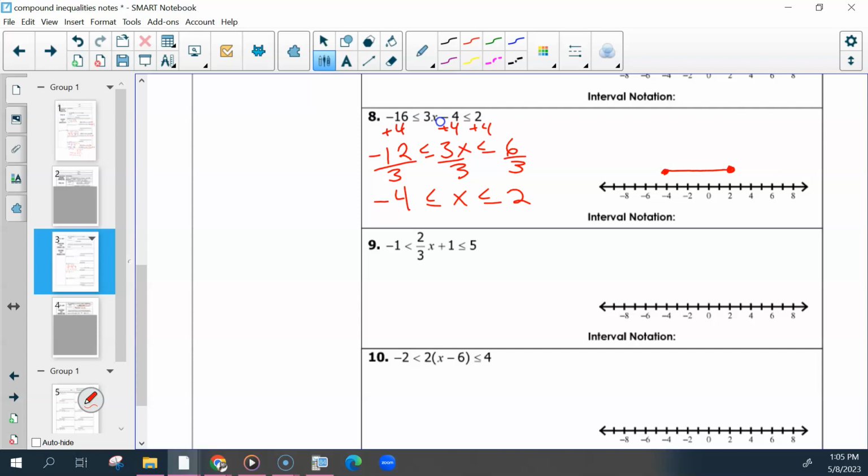There's a line in between them. Interval notation for that, they're both closed, so both brackets, starting at -4, ending at 2. What questions do we have on that one?